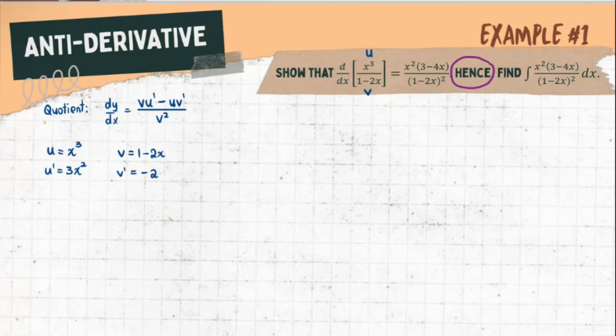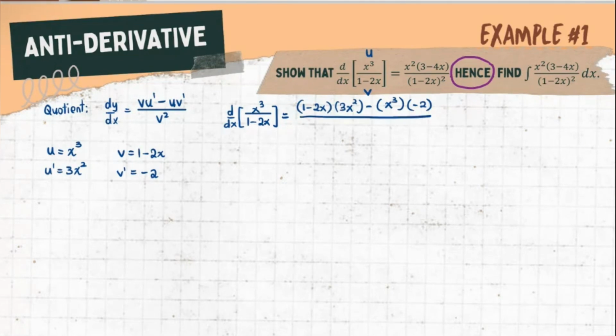And then if we differentiate x cubed over 1 minus 2x, it will be equal to, we use this formula: v, 1 minus 2x, u prime is 3x squared, minus u, x cubed, multiplied by v prime, which is negative 2, we divide it by v squared, 1 minus 2x squared.